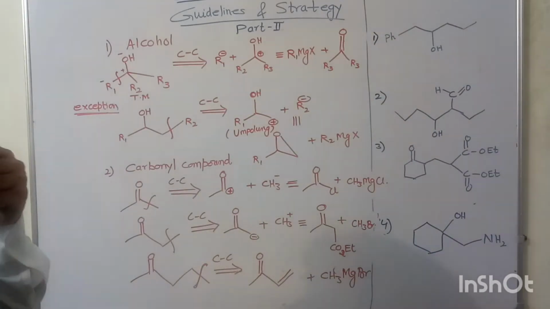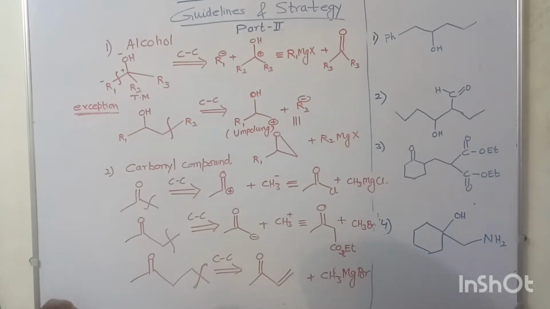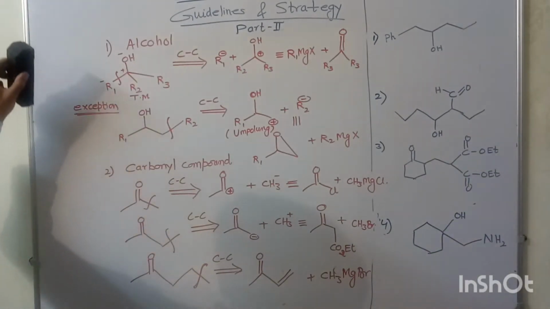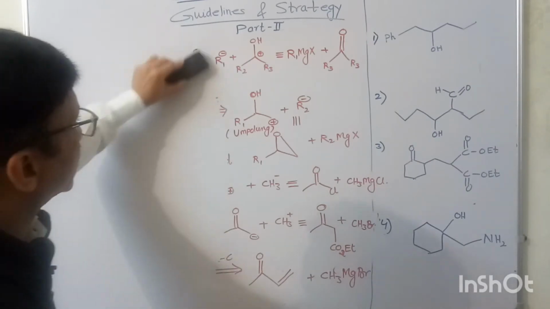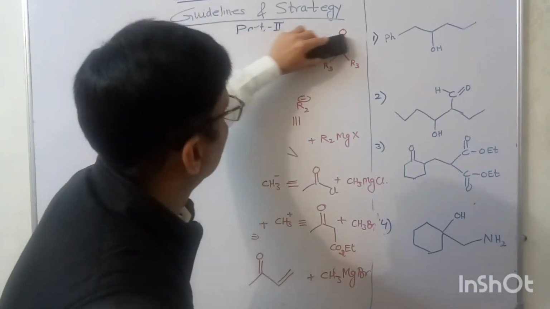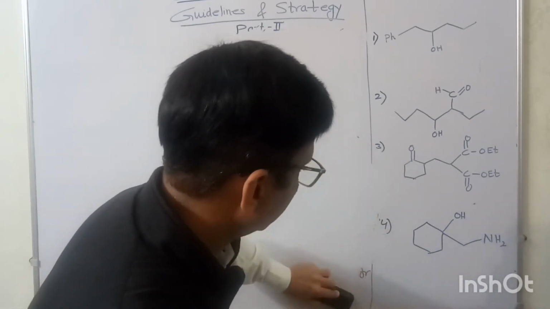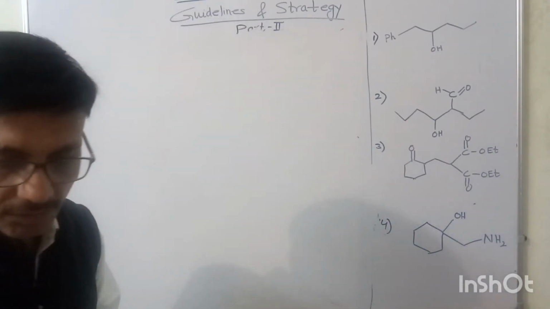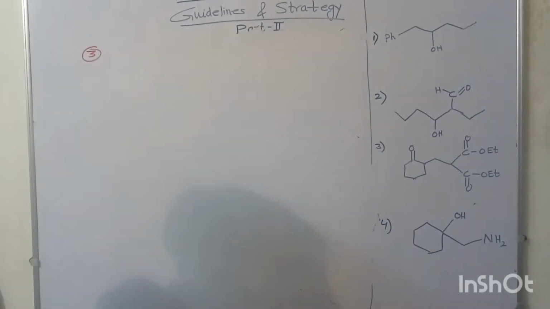So this is a carbonyl compound in which one carbonyl functional group is present. Now suppose, let's see some target molecule where two functional groups are present. What should be the strategy for that?